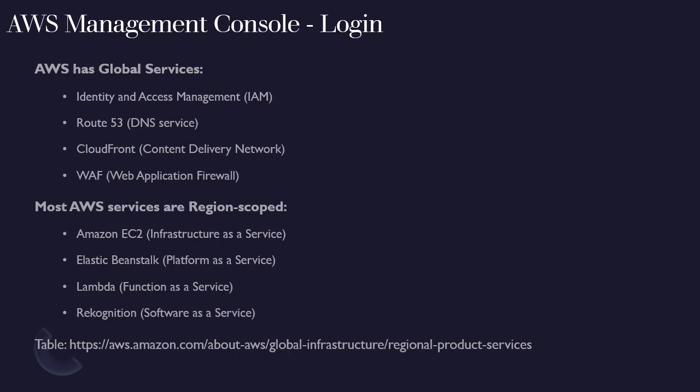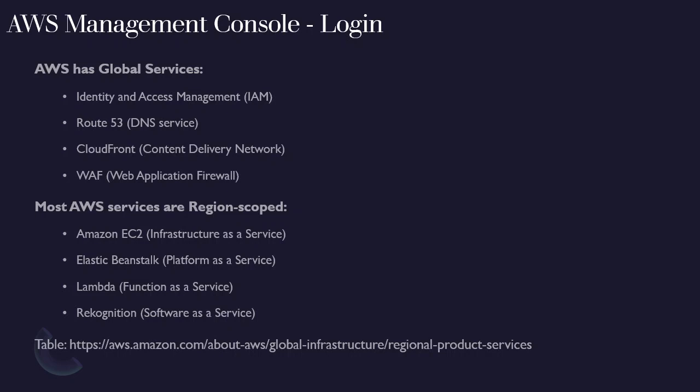AWS has both global services and region-specific services. Global services are applicable across all the regions and availability zones. Examples: IAM, Route 53, CloudFront, Web Application Firewall. Sometime back we have seen those services. Region-specific services are applicable only to specific regions.